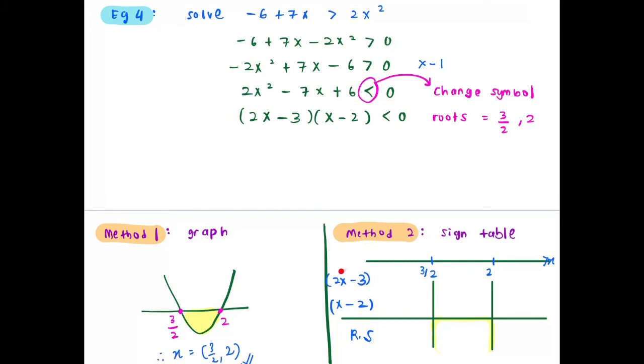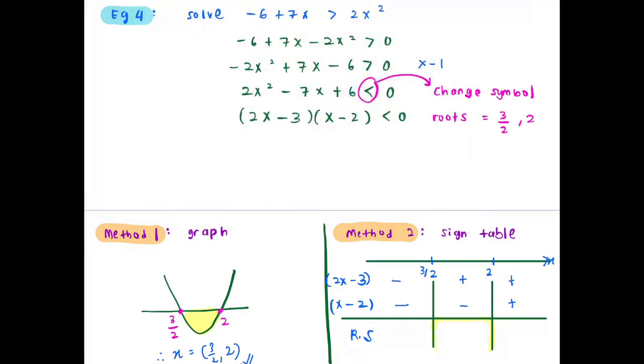For 2x minus 3, your zero is 3 over 2. So let's do the shortcut. Our right hand side is plus, our left hand side is minus. Let's do the shortcut for x minus 2. This is the zero, x equal to 2. So right hand side is plus, left hand side back here is minus. So put in minus.